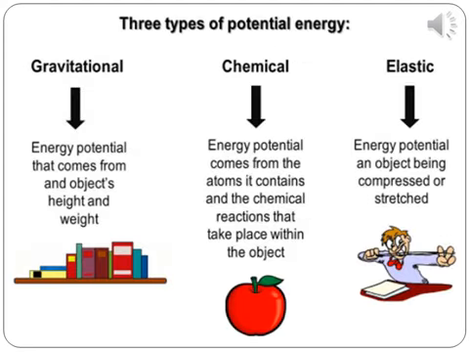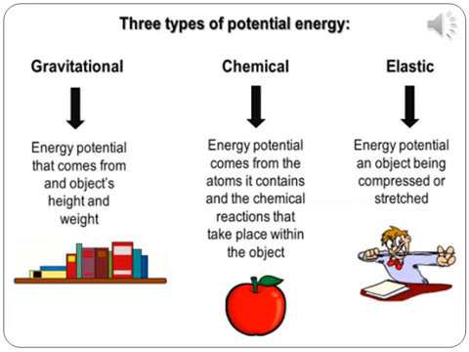You have to know there are three types of potential energy, which are gravitational potential energy, chemical potential energy, and elastic potential energy. Gravitational potential energy derives from an object's height and weight.